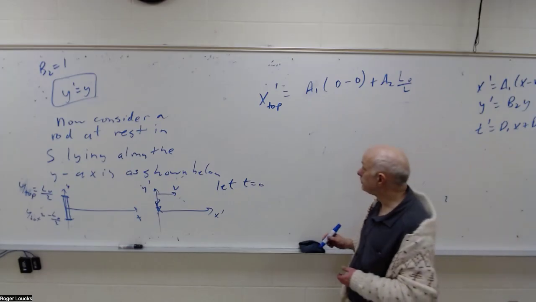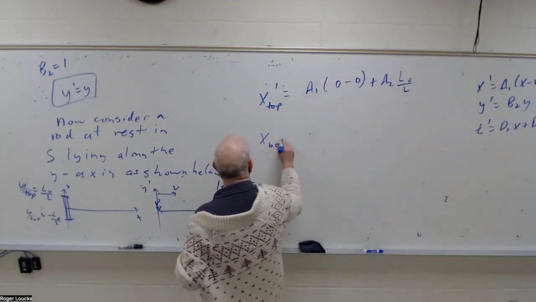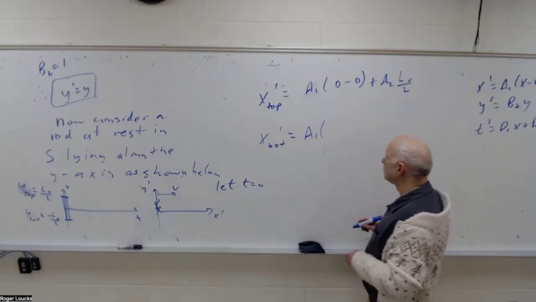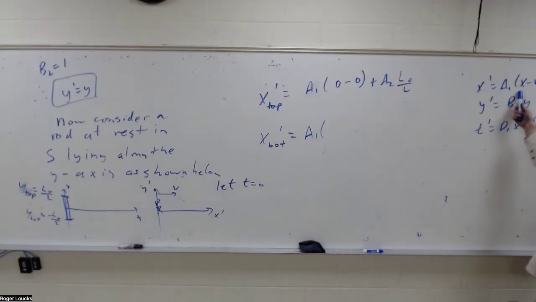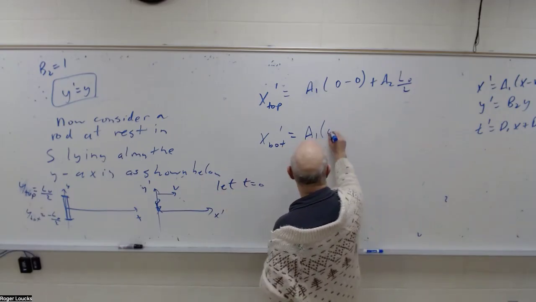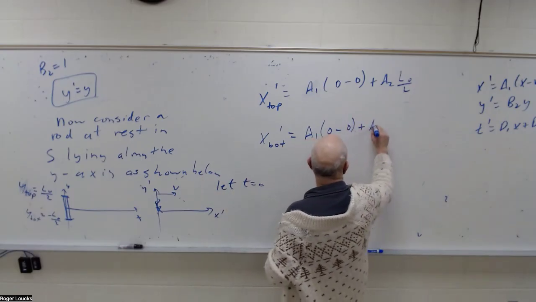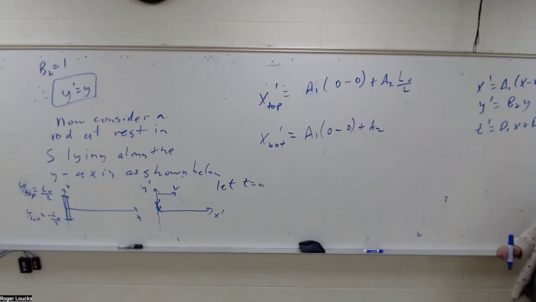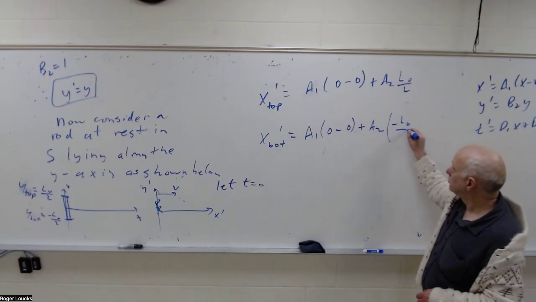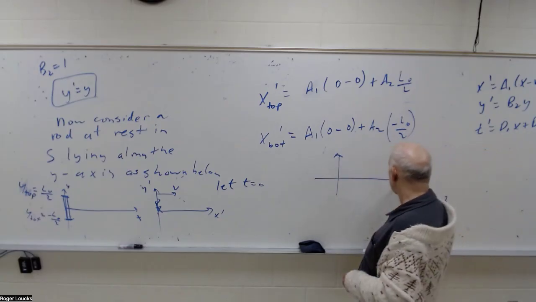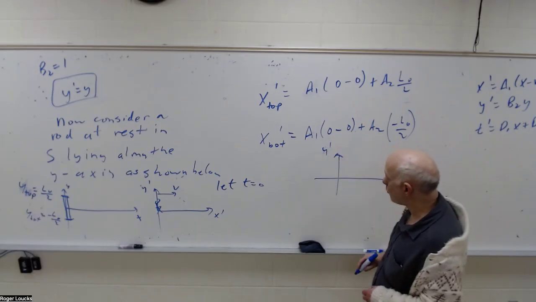Now let's look at the bottom. So this would be a1. What is x at the bottom? 0, because it's along the y-axis. It's on the x equals 0 line. 0 plus a2. Now, what is y at the bottom? Minus L naught over 2. If I were to graph this here, this is x prime, this is y prime, what would that person see?